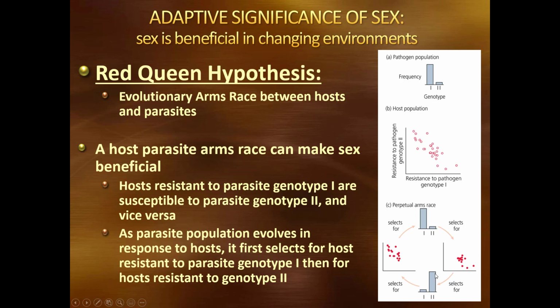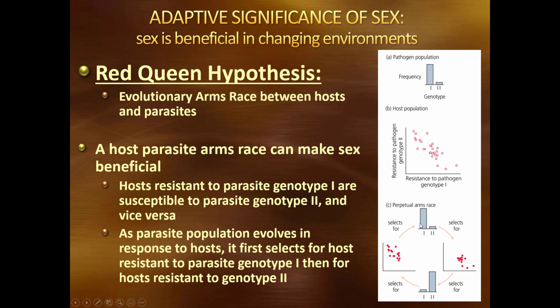Because now they're doing well. Genotype 1 parasite's not doing well because our immune systems are fighting it. And so now the genotype 2 parasite does better over here. And so now that there's a whole bunch of genotype 2s, we as the host are under selection to favor resistance to genotype 2 because they're going to do better. And so essentially this cycle just continues.